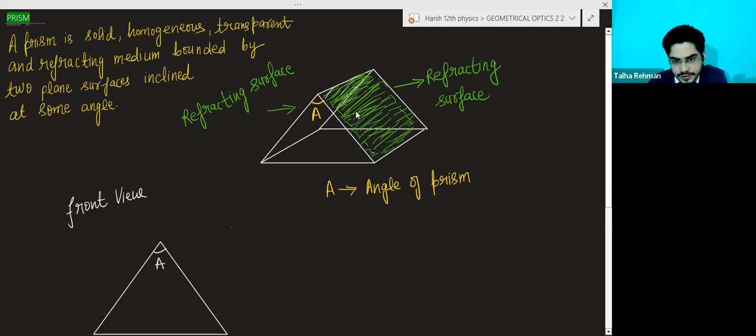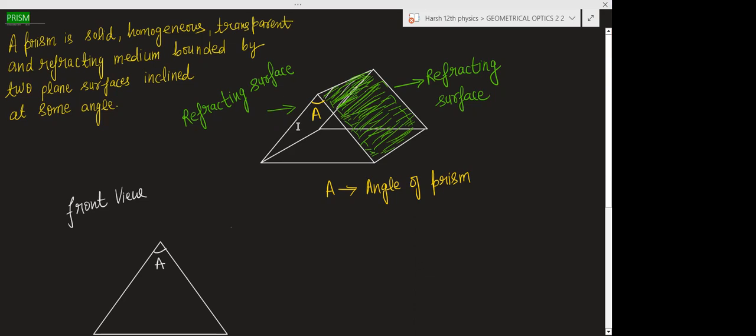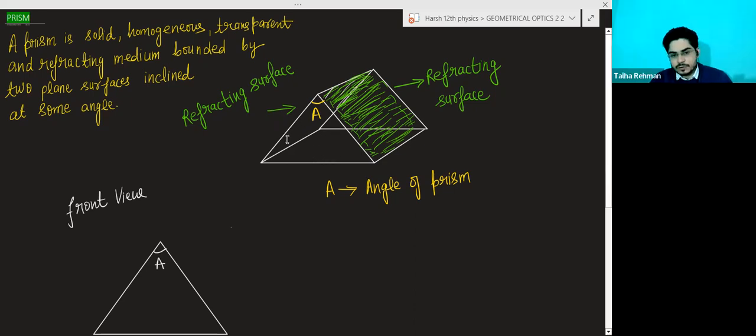This is a refracting surface and this is a refracting surface. I am not saying refraction cannot take place from other surfaces, but we are considering the refraction from these two surfaces, focusing only on these two.